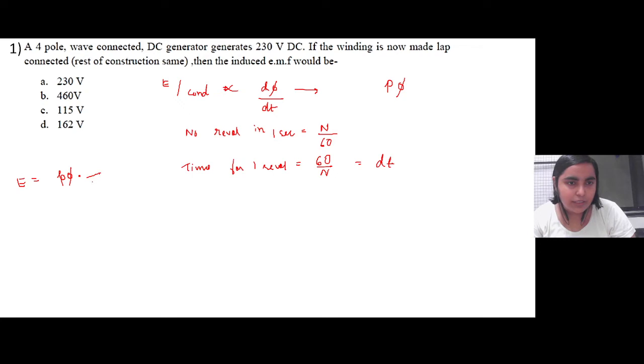So 60 by n will come up, times Z by A. Here Z is the total number of armature conductors, and A is the number of parallel paths in the armature.